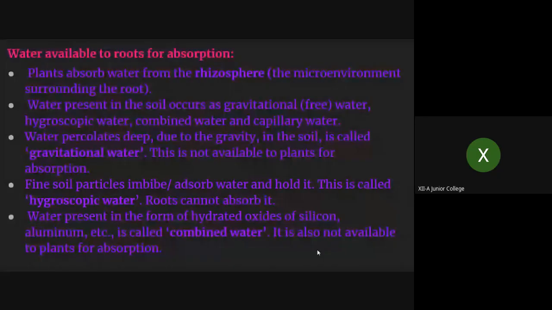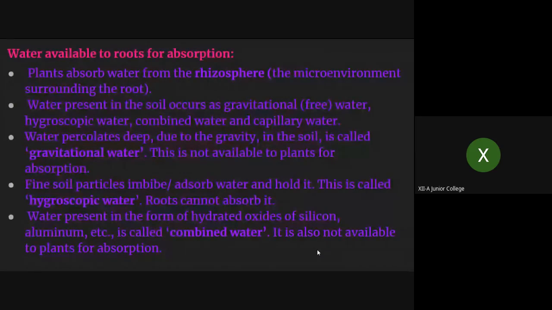Now there are different types of water, as yesterday we were discussing, that plants absorb water from the rhizosphere, the microenvironment surrounding the root. Water present in the soil occurs as, number 1, gravitational, that is free water.